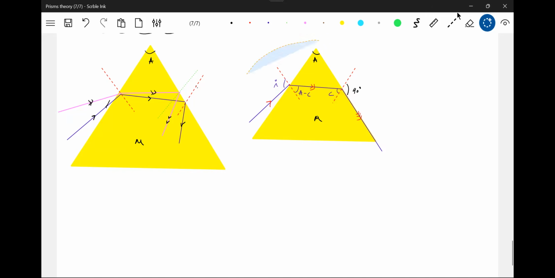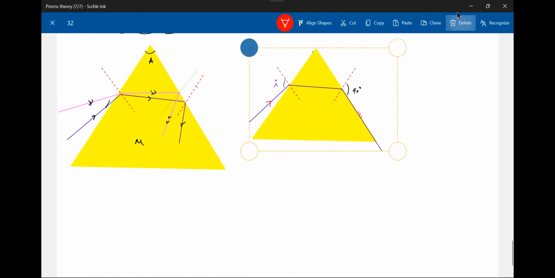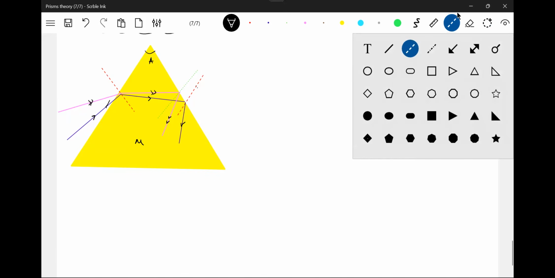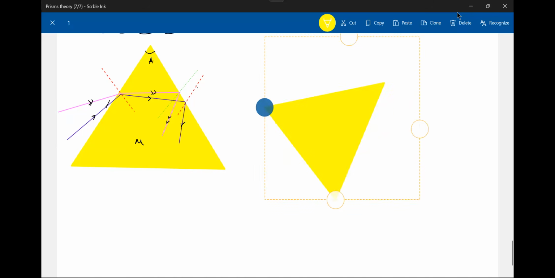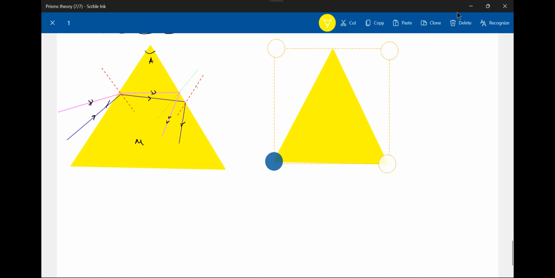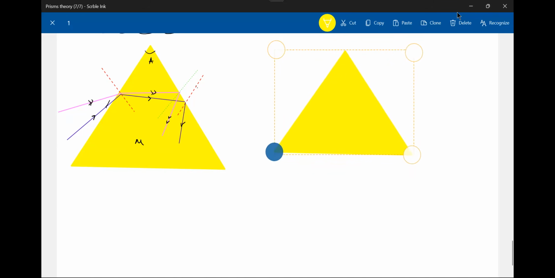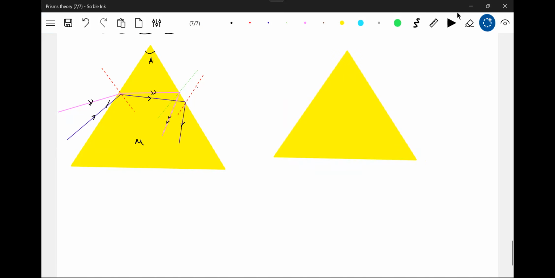Just I'll bring the proper diagram. No, you see this. For a ray, if it comes like this, then it will undergo TIR.